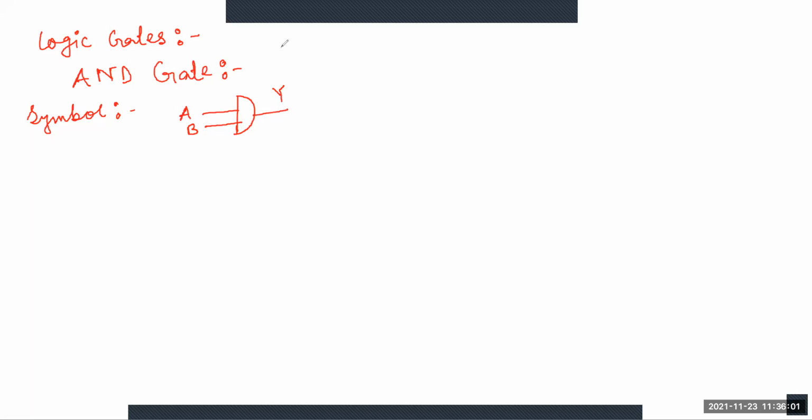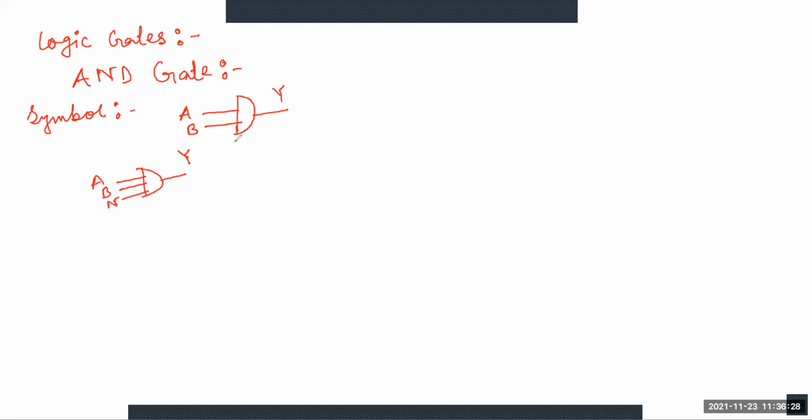So you can have n number of inputs for any gate. Suppose an n-input AND gate, like A, B, up to n, but always remember the output is just 1 bit.